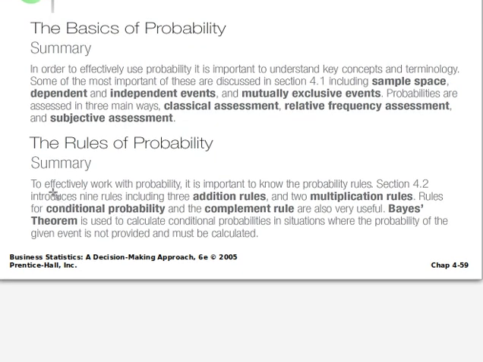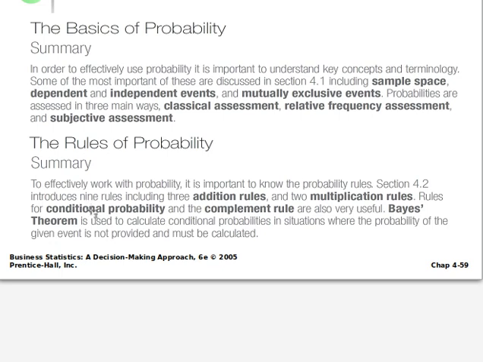In summary, to effectively work with probability, class, it is important to know the probability rules introduced. Section 4.2 introduces 9 rules, including 3 addition rules and 2 multiplication rules.